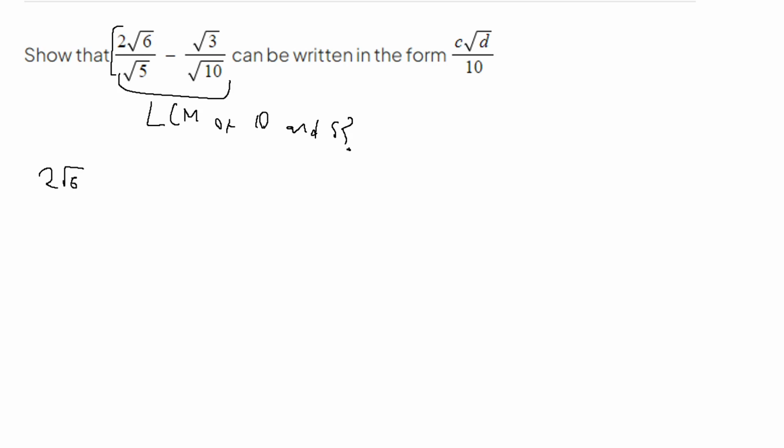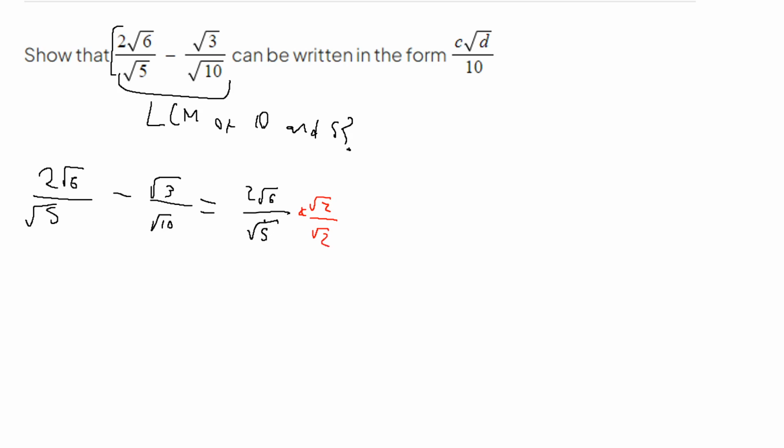So 2 root 6 over root 5 minus root 3 over root 10 is the same as 2 root 6 over root 5 times root 2 over root 2.